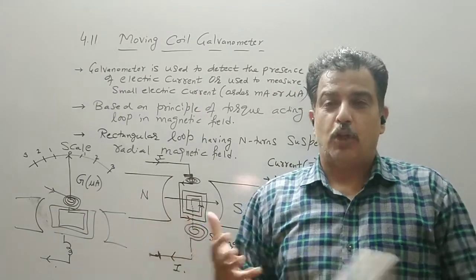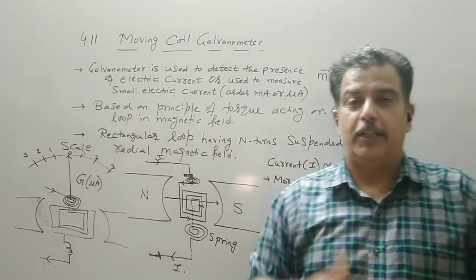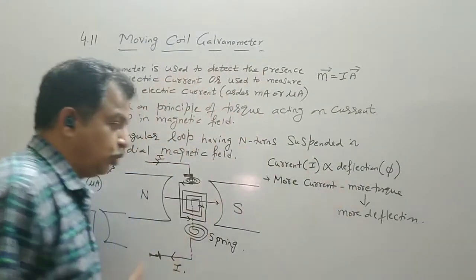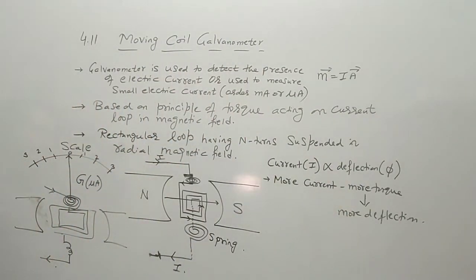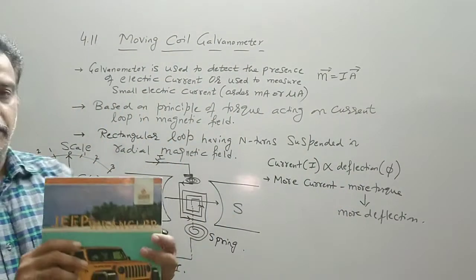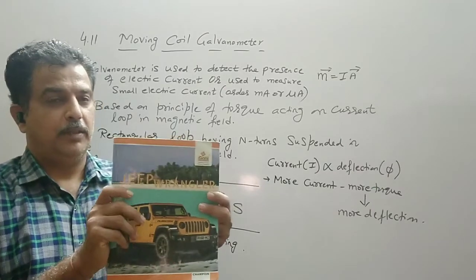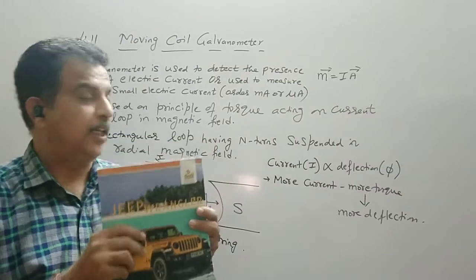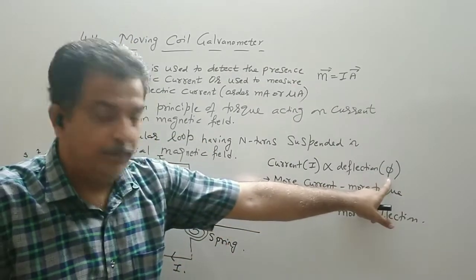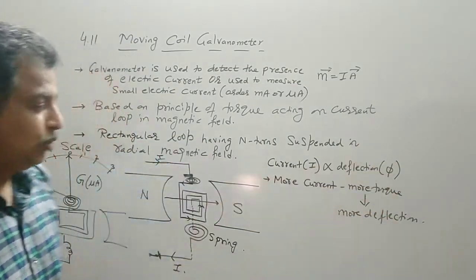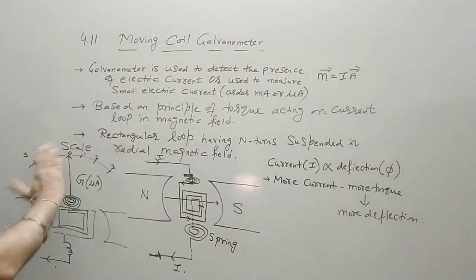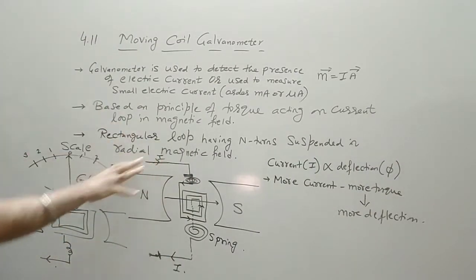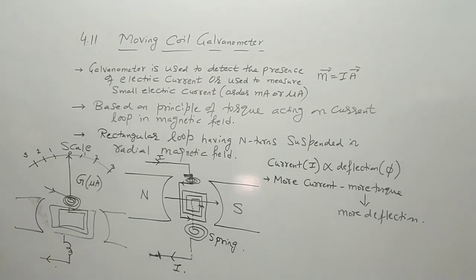Here, because the torque acts on the loop, we call it a restoring torque. We will come to that point. So for the time being, this rectangular loop is not like this. Let us assume it is making some angle theta, or let that angle be denoted by phi. So if you pass more current, more will be the deflection, more will be the torque acting on it.